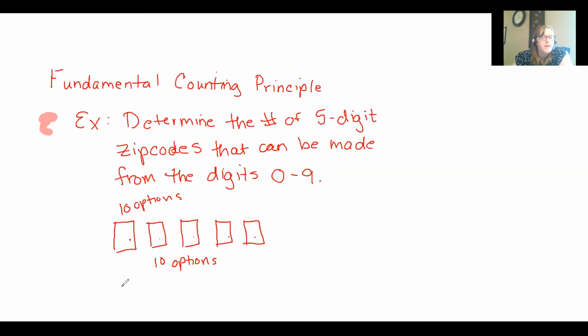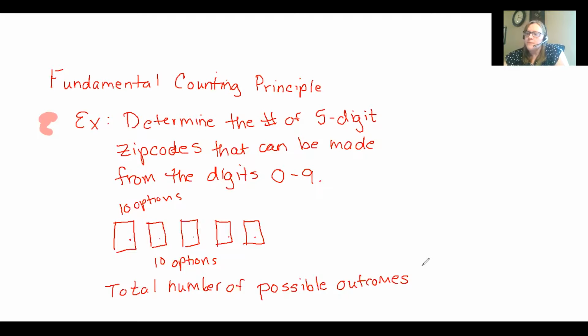So according to our definition, if we want to know the total number of possible outcomes, it is going to be the total number of outcomes for step 1, which we said was 10, multiplied by the total number of options for step 2, which we also said was 10, step 3, which we said was 10, step 4, which we said was 10, and step 5, which we also said was 10.